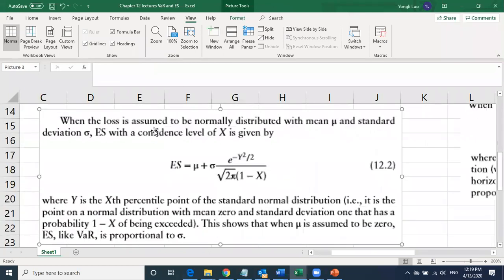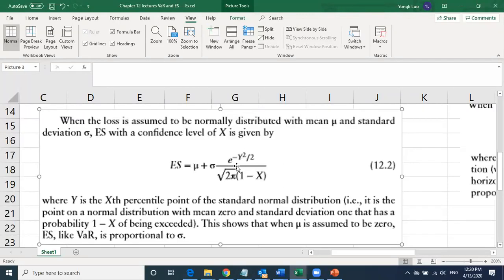When the loss is assumed to be normally distributed with mean mu and a standard deviation of delta, expected shortfall with a confidence level of X is given by 12.2. This is the equation. The expected shortfall is the mean plus the standard deviation times e raised to the power of negative y squared, and so on.